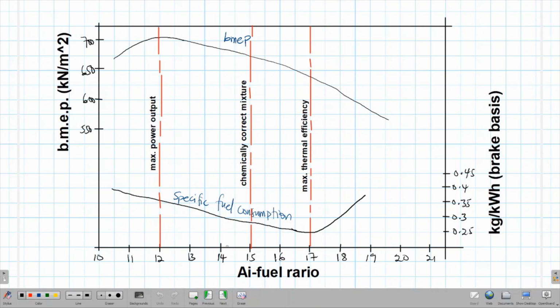From the brake mean effective pressure curve, you will observe that the maximum power output is obtained with an air-fuel ratio of about 12:1. That is when the mixture is about 20% rich. This is due to the partial oxidation of the carbon, producing some carbon monoxide in the exhaust gases.